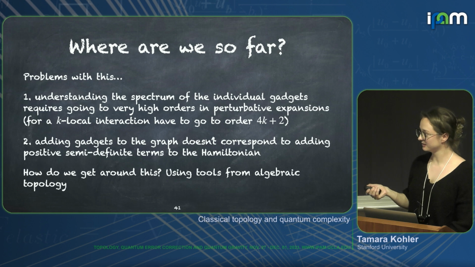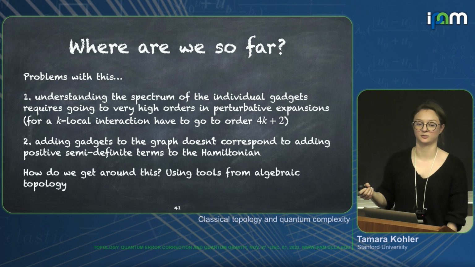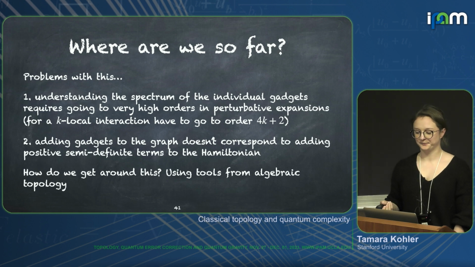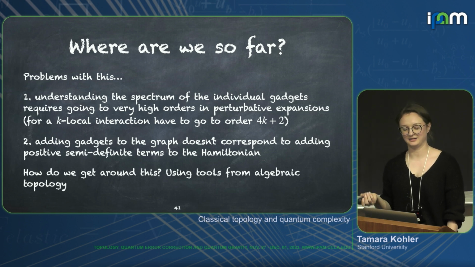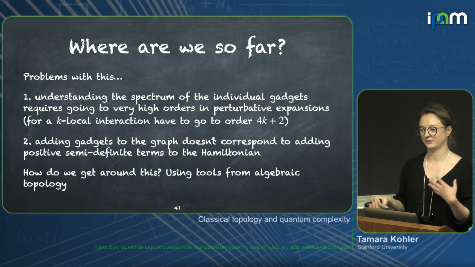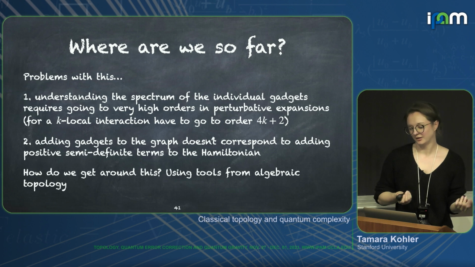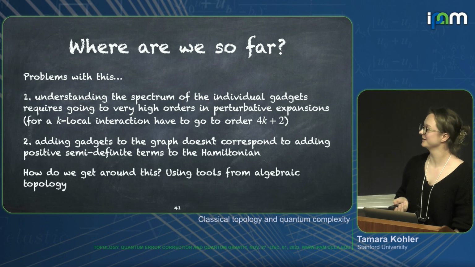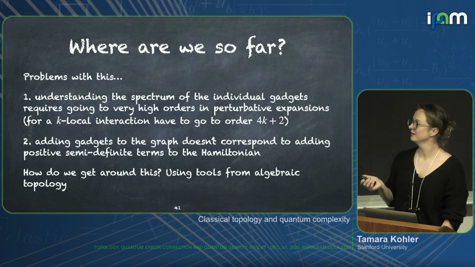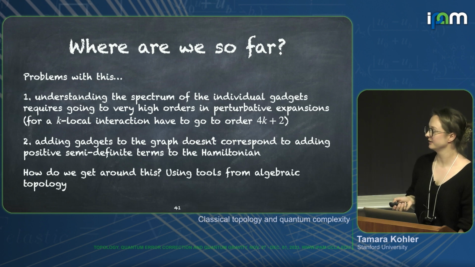For a k-local interaction, we have to go to order 4k plus 2 in perturbation theory. That is, we've got 4-qubit interactions going to 18th order in perturbation theory. Using the Green's function or Schrieffer-Wolff techniques is not a straightforward thing to do, and it's not something we wanted to try. So we needed to think of a different way to do perturbation theory.